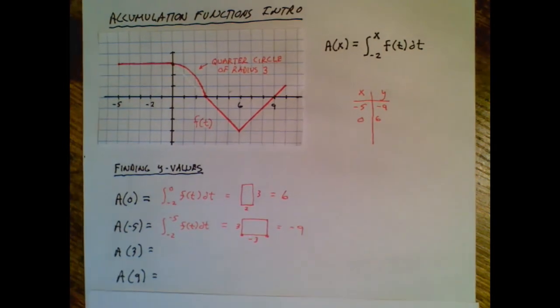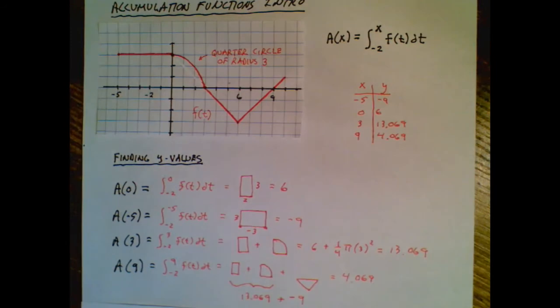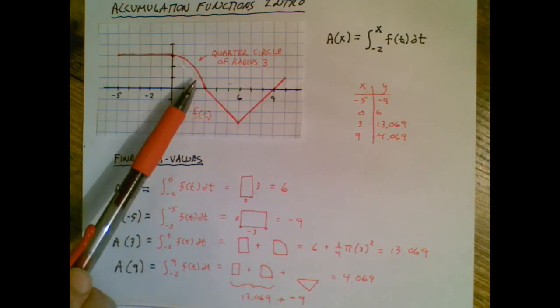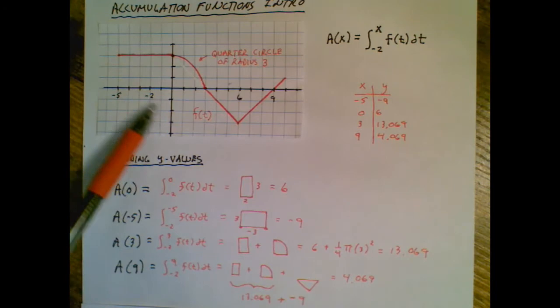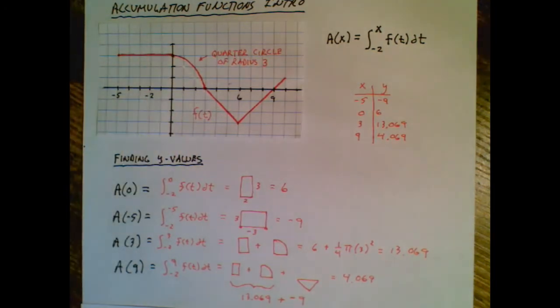We're going to do 2 more, and I'm going to pause this while I fill these 2 out. Let's look at these last 2 because they involve a little tricky thing. This piece right here is a quarter of a circle of radius 3. So you have to imagine that if I would draw a full circle there, this is 1/4 of that circle.